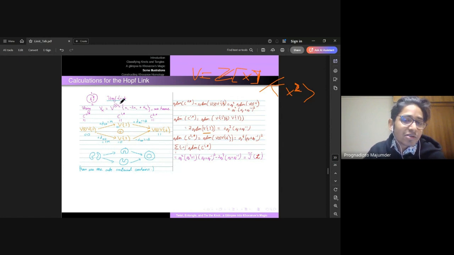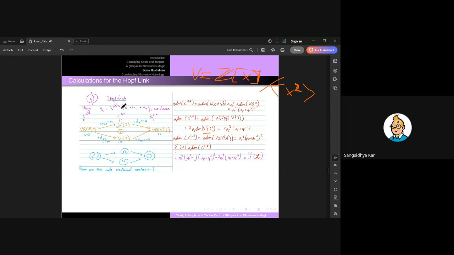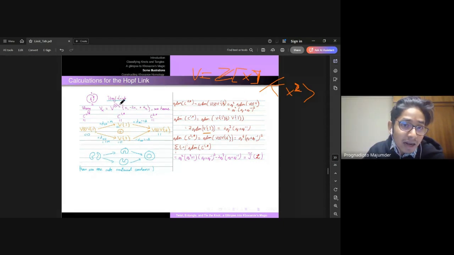The number of tensors is the number of circles. And the grading in the second bracket is n plus minus 2n minus plus k, where alpha is the number of ones in this alpha.